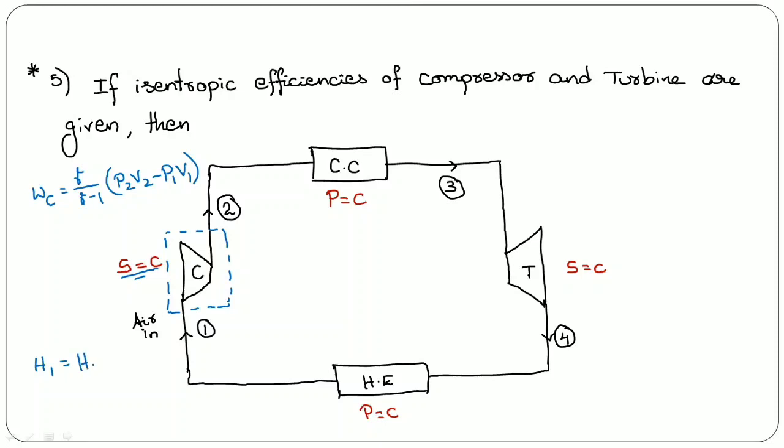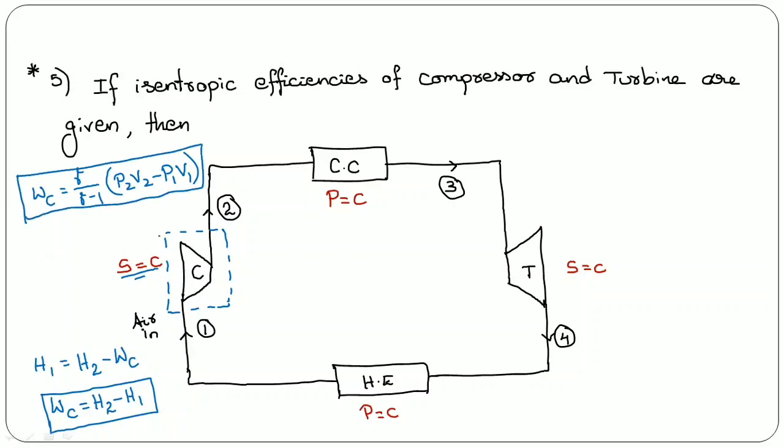Therefore we can write H1 is equal to H2 minus the work input that we are giving to the compressor. So from this, work input to the compressor can also be written as H2 minus H1. So we can use this formula for work done or the other formula. This is the work input given to the compressor by considering a control volume approach or by using the formulas of open system.